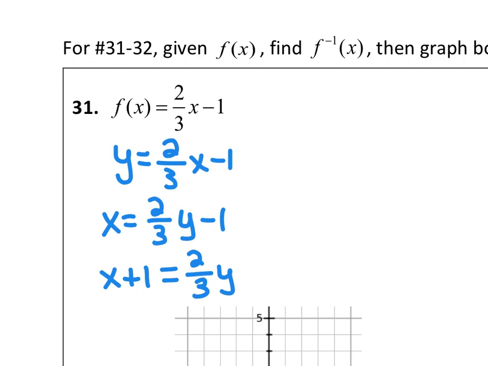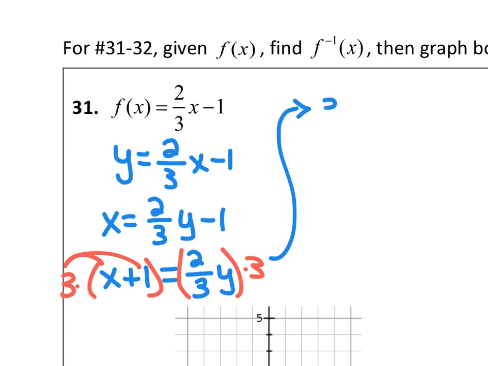I'm going to multiply both sides by 3, which means that I need to distribute that 3 on the left. And so I get the equation 3x plus 3 equals 2y. And then I'm going to divide each term by 2.